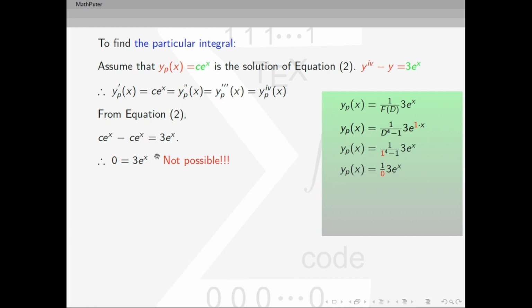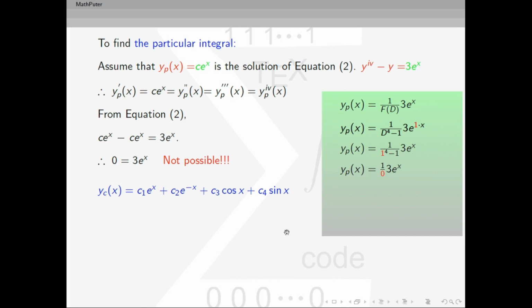Actually, this is another representation of this method. So what is wrong in the assumption c into e raised to x? In the last example also we assumed the right hand side with an arbitrary constant, but here the same assumption is not working. That is only because of the complementary solution. The complementary solution has four functions: e raised to x, e raised to minus x, cos x and sin x. This e raised to x, c1 into e raised to x, is the same as the right hand side e raised to x.